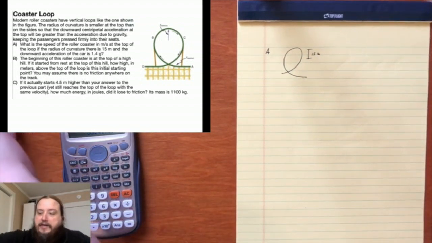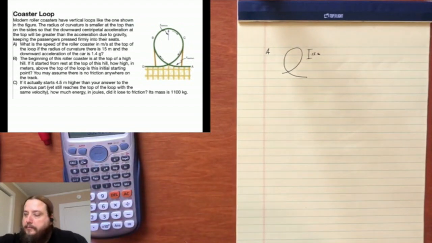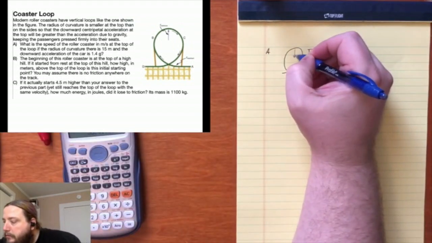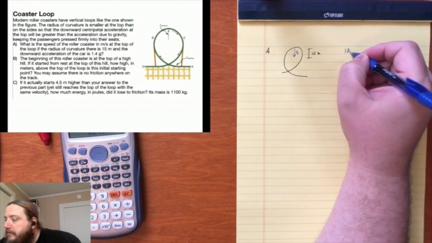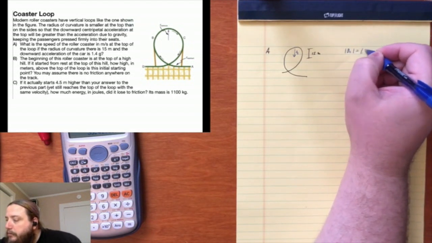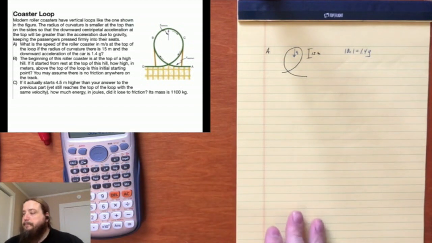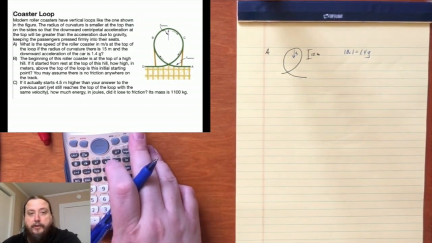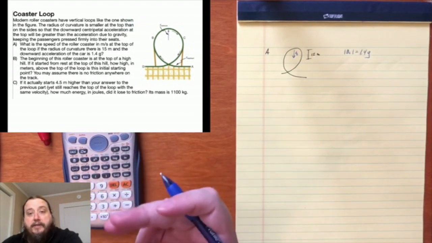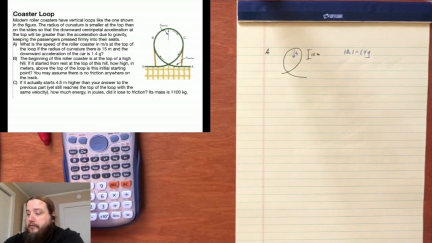and that the magnitude of the acceleration at the top of the loop is 1.4 g's. So that's 1.4 times 9.8 meters per second squared. And that has to be the value of the centripetal acceleration.